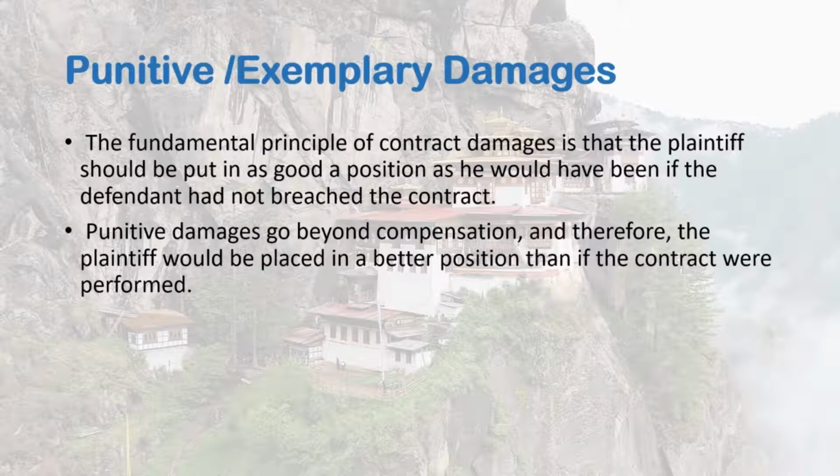A corollary to this policy argument is that some breaches are economically beneficial. So looking at the market force, because contract is basically looking at the society and how it functions in terms of transactions, punitive damages are not desired.